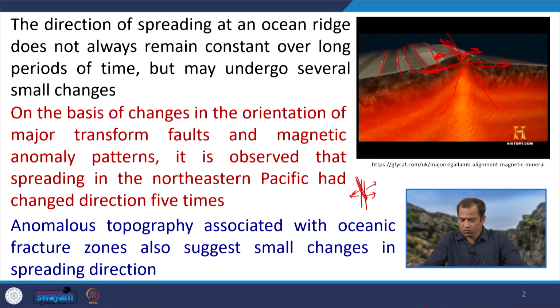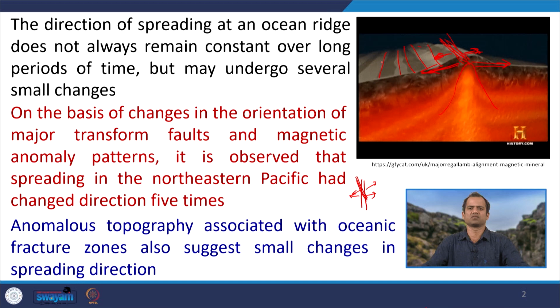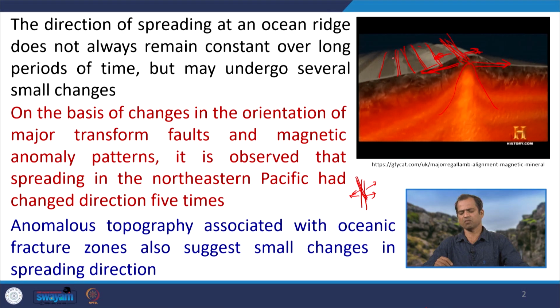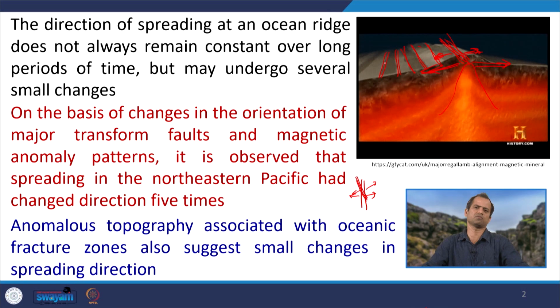If you go through the literature, you will find that we have the Earth's ambient magnetic field, and during volcanic eruption the magnetic minerals freeze the magnetic field in tiny magnetic particles, and that is why we have positive and negative magnetic fields frozen in the basaltic rocks formed at the mid-oceanic ridge.